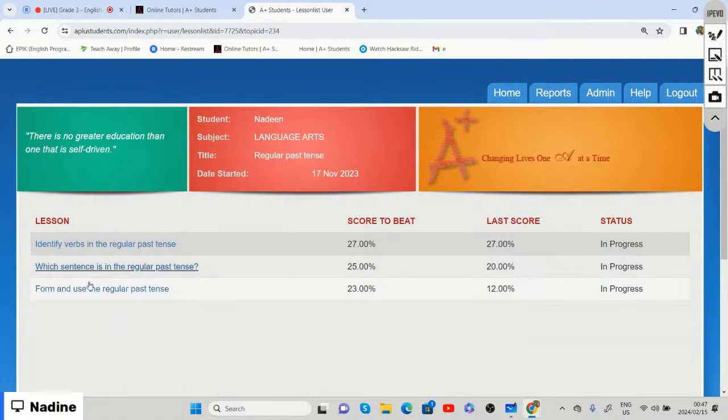So we see regular past tense is where things have happened in the past. And all we do is we follow a rule, right? Where we add ed, or if our word ends with an e, we add a d, or if the word ends with a consonant y, we remove the y and we add ied to the specific word, right?